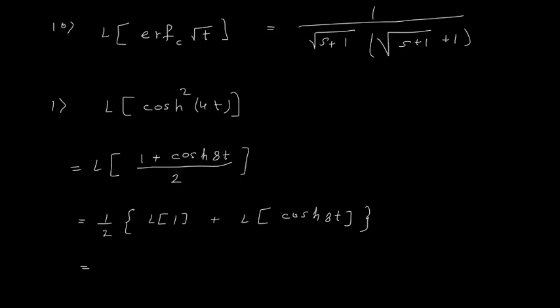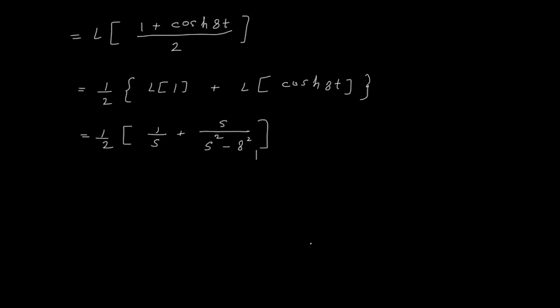We know the value of Laplace of 1 is 1 upon s, and Laplace of cos hyperbolic at is s upon s square minus a square, so here a square will be 8 square. Then this is our final answer. If you want to simplify it further, it is your wish. Otherwise, we have arrived at the answer. Done?